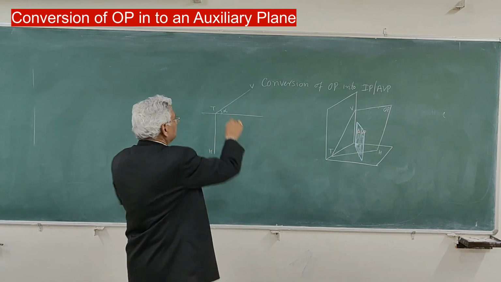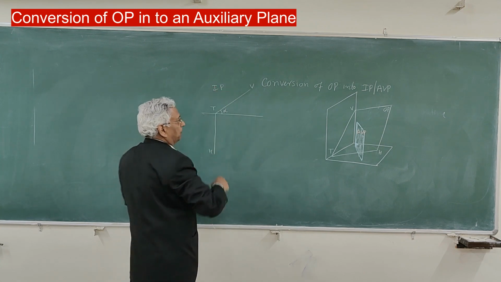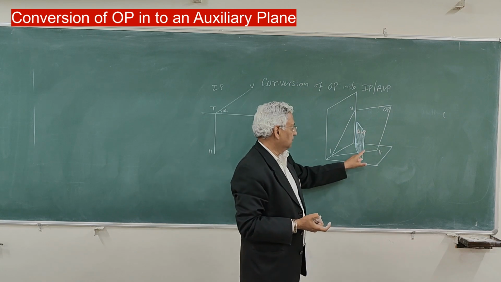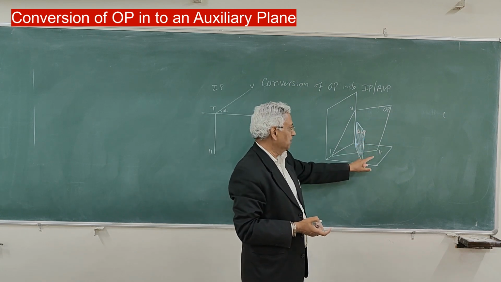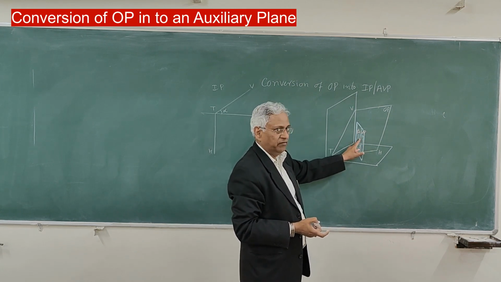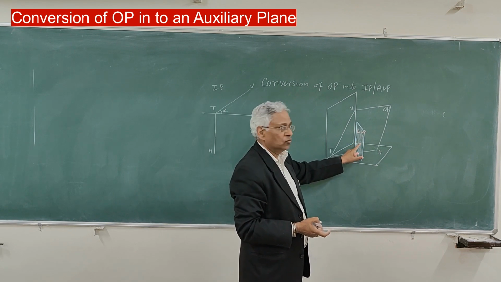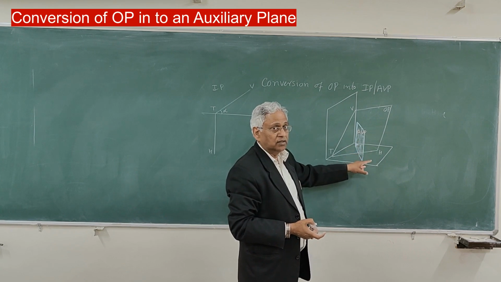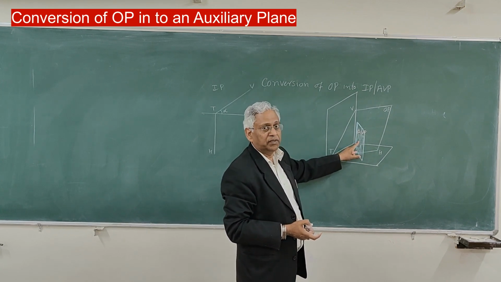This is IP, a plane which is inclined to horizontal plane and perpendicular to vertical plane. This is also now an oblique plane in reference of this HT and this ABP.